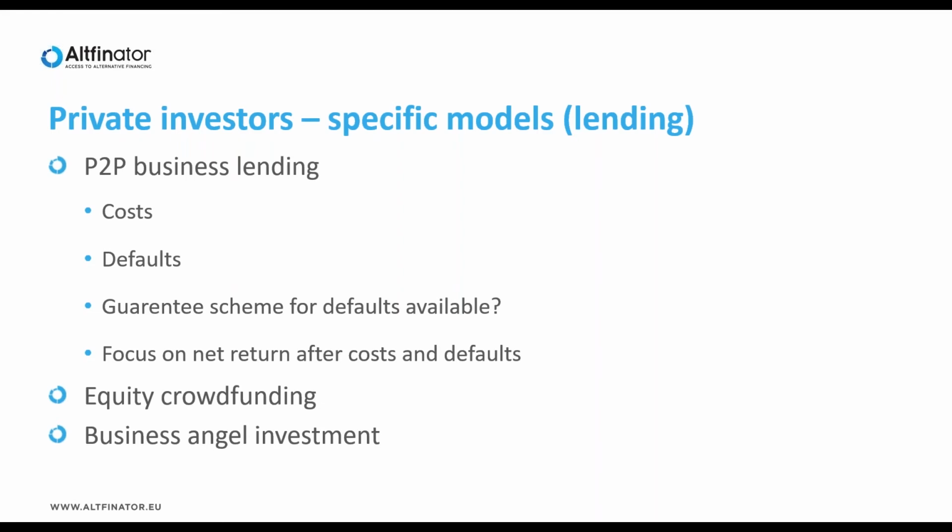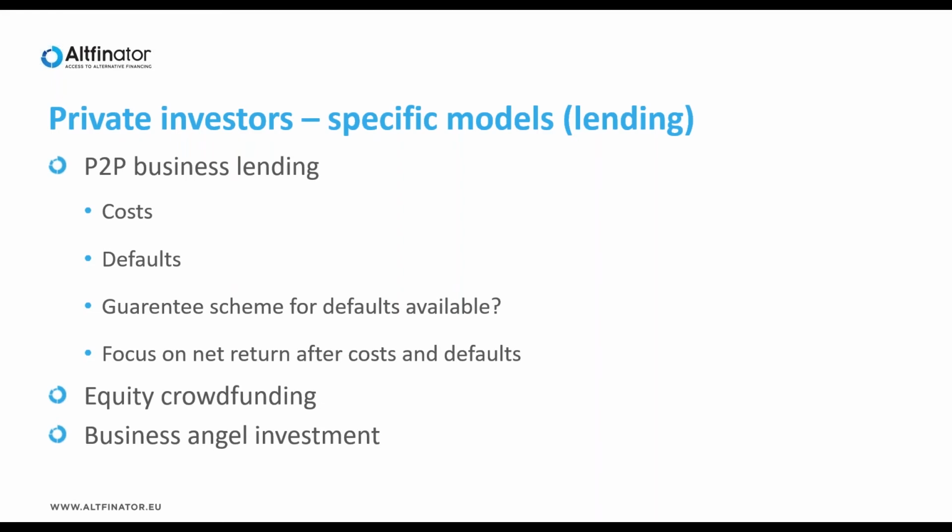I've put one element there: the guarantee scheme. In some countries, the government or sometimes even the platforms provide insurance or guarantee schemes. So when there is a default, it is possible to get some of the investment back. Of course, this is nice, but the downside is that someone needs to pay for it.